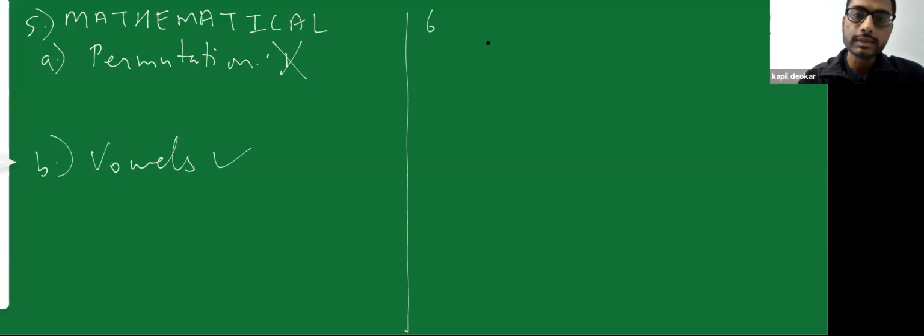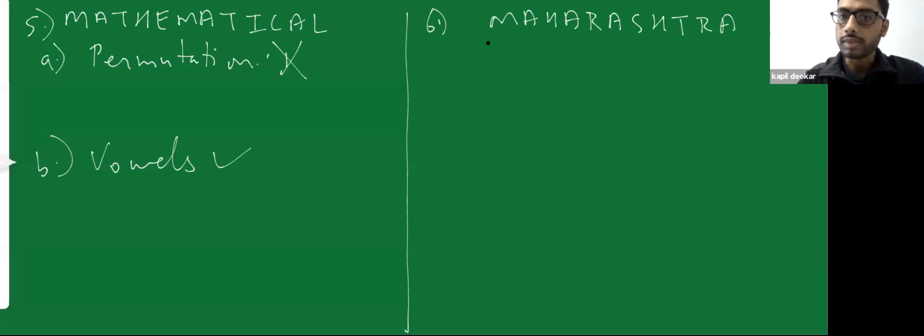And your 6th question is for the word Maharashtra, such that first R and H are not together.